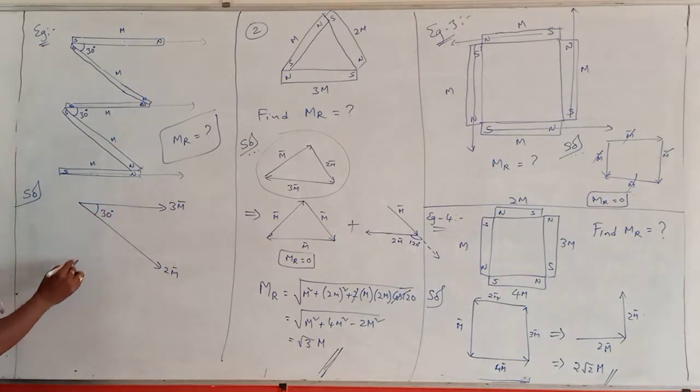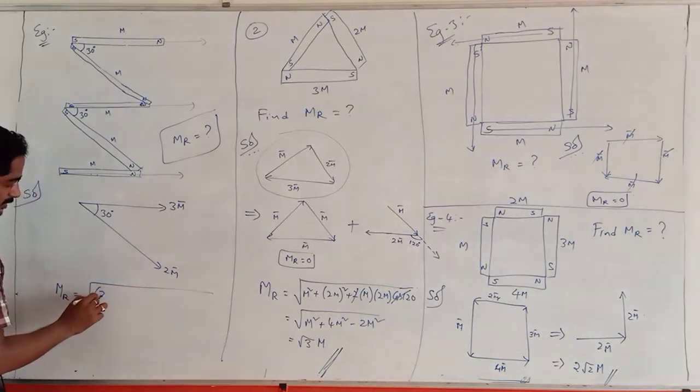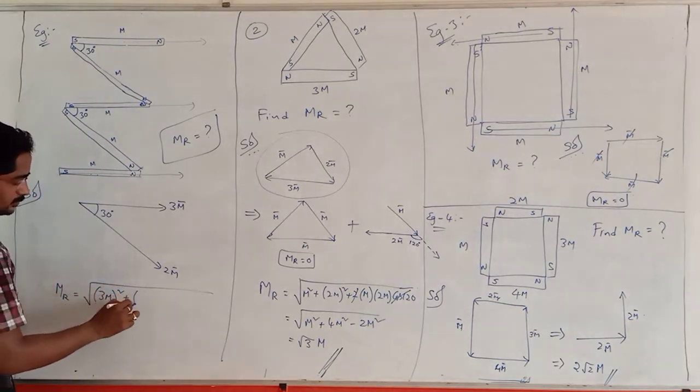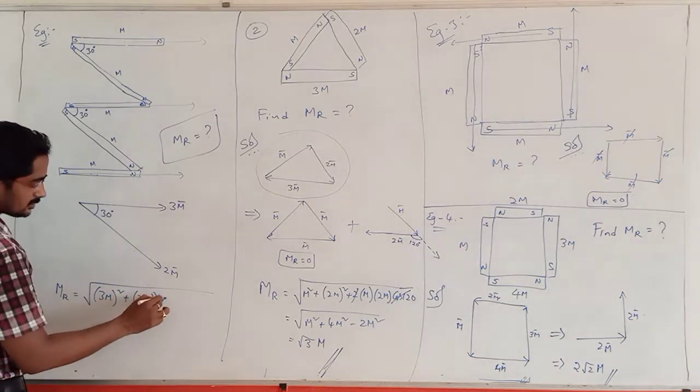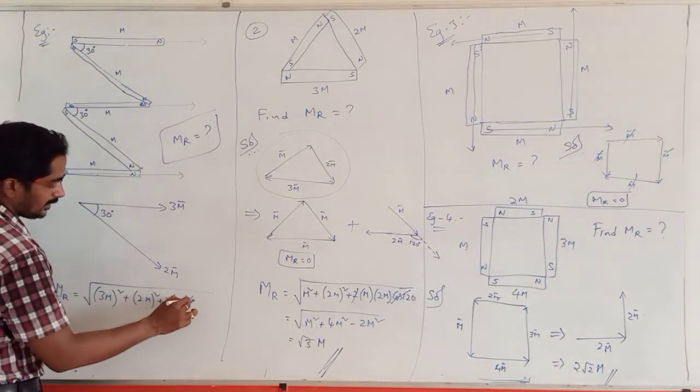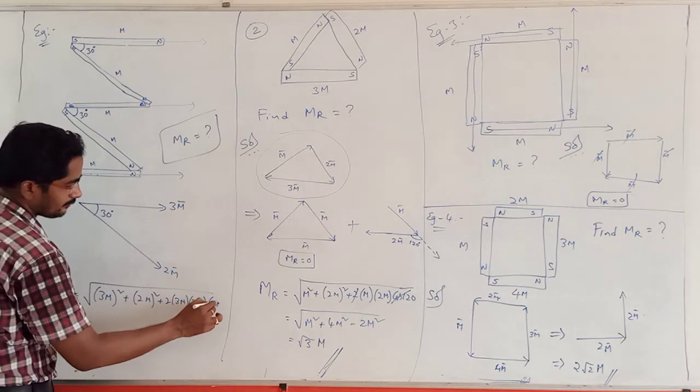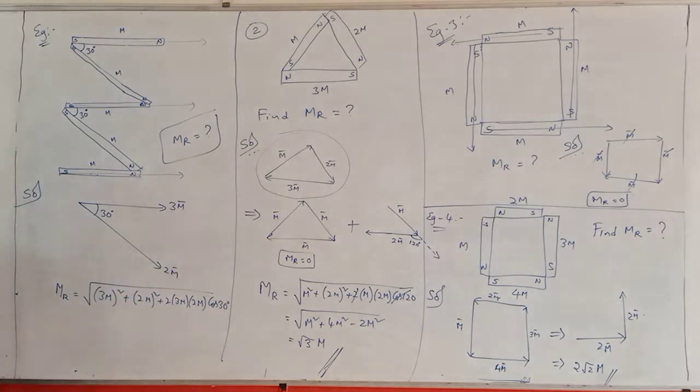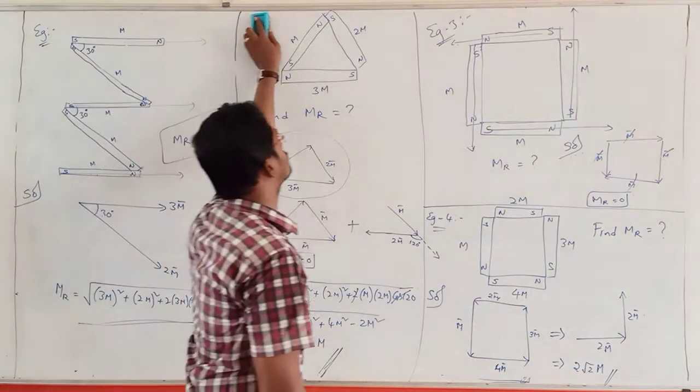Then the resultant value is root over 3m square plus 2m square plus 2 into 3m into 2m into cos 30. If you solve this, whatever you get is the answer for this case.